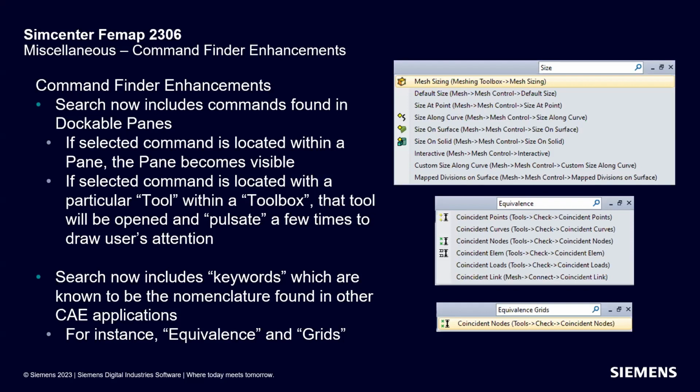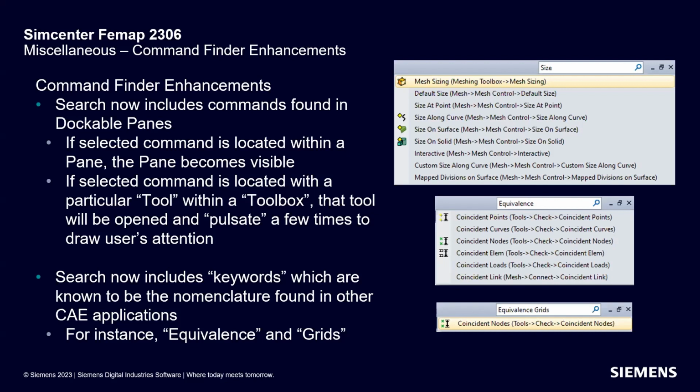And it also allows you to search. Before, in 2301, it was really only searching the names of commands. It wasn't really doing anything further. But now we added some keywords, especially based on the nomenclature found in other CAE applications, like equivalence and grids. Like if you wanted to do a tools check coincident nodes in Femap, what you would do in Patran per se was actually, you would equivalence grids.